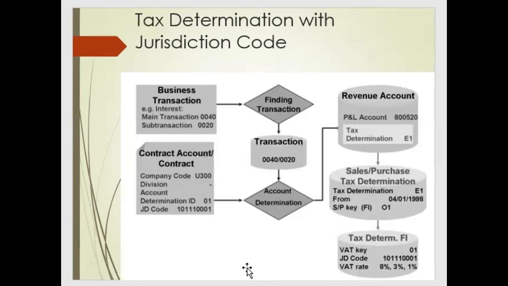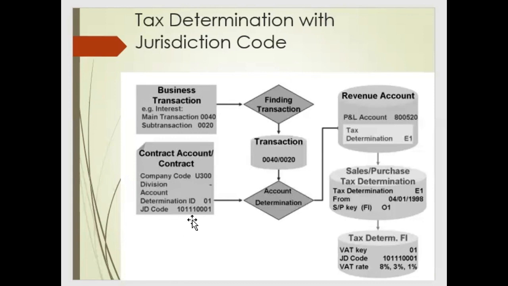Now, jurisdiction code is something like in which country you are doing the business, based on the jurisdiction code which we define when we create the business partner. If you recollect, there is a jurisdiction code at the address level. So with jurisdiction code, we understand which law is applicable for that country.